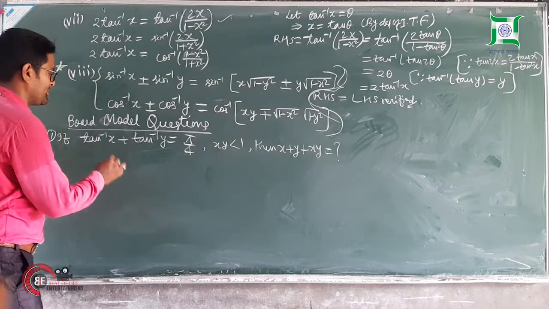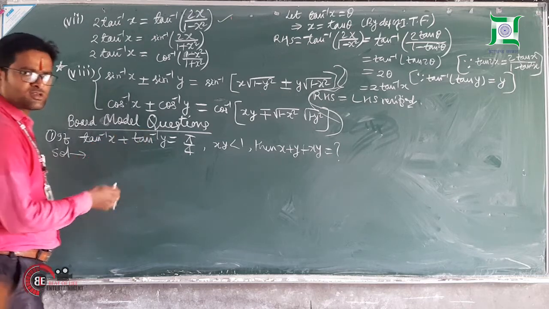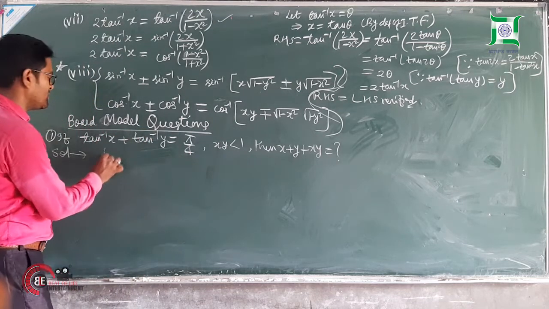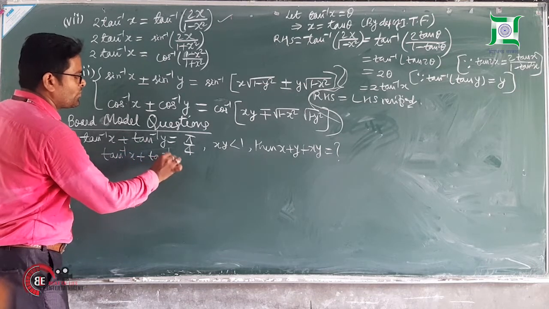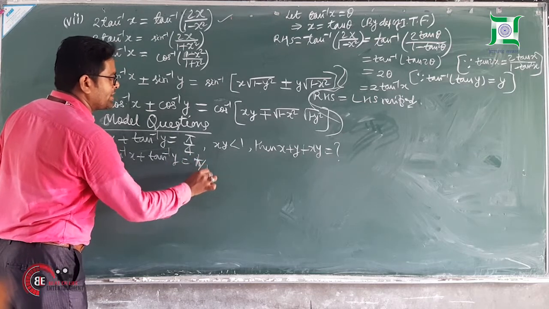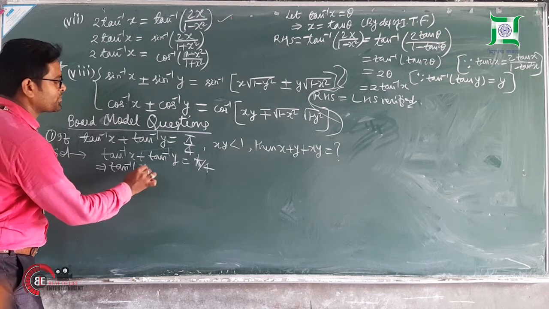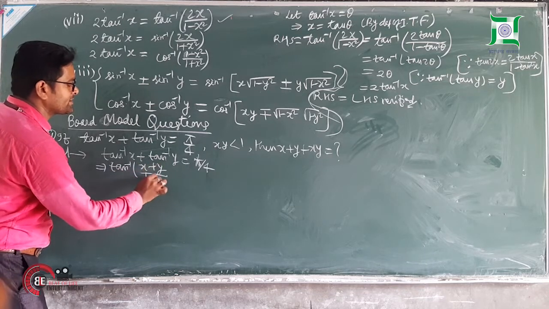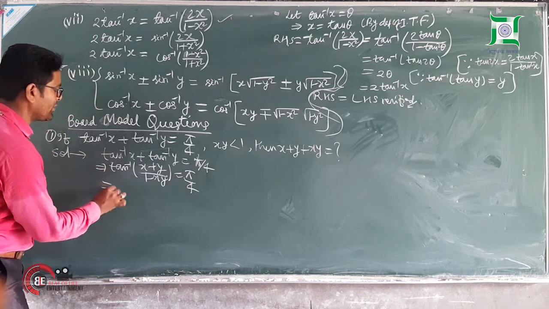How will you solve that? See, you can easily solve. Just take them as the compound formula. Tan inverse x plus tan inverse y is equal to pi by 4. Can you write it as tan inverse of x plus y by 1 minus xy, and it will be pi by 4.